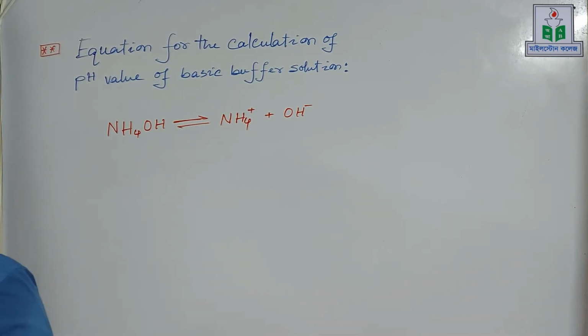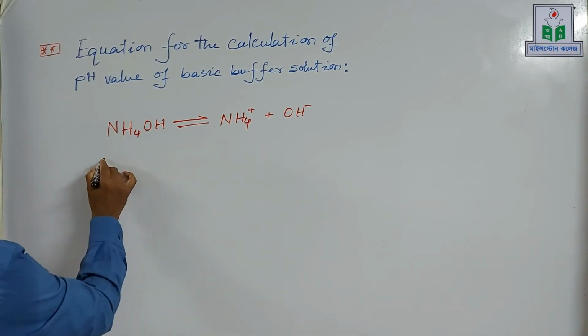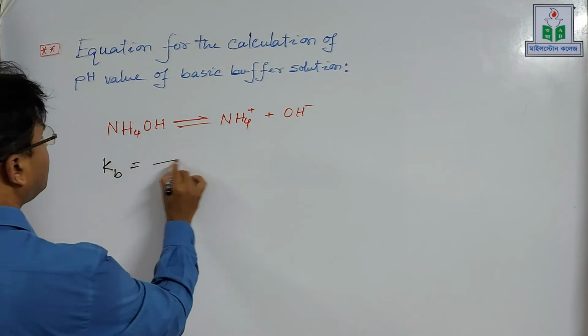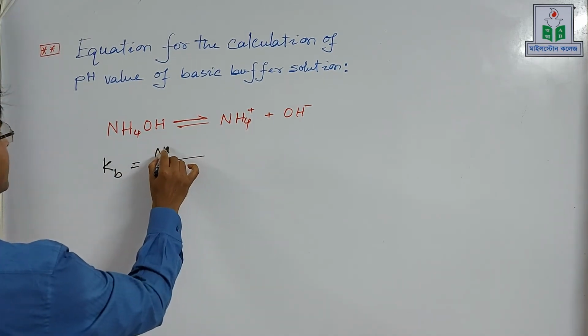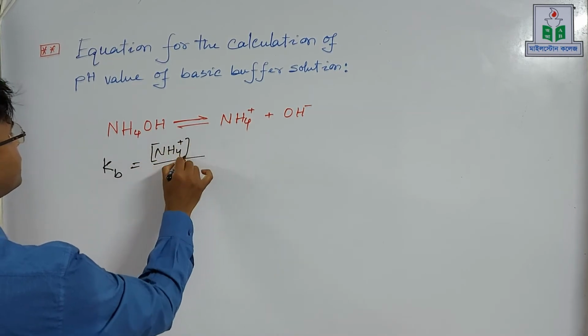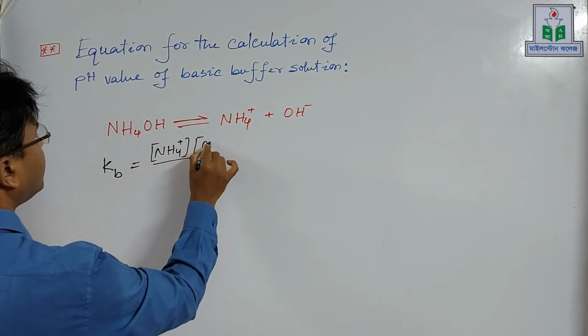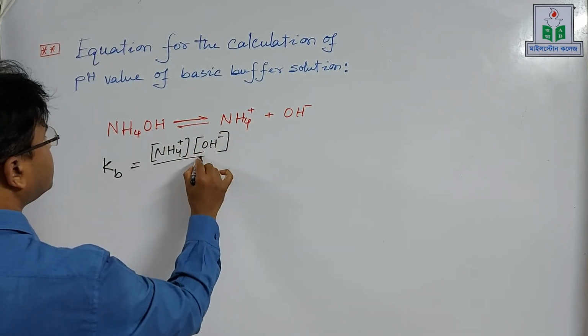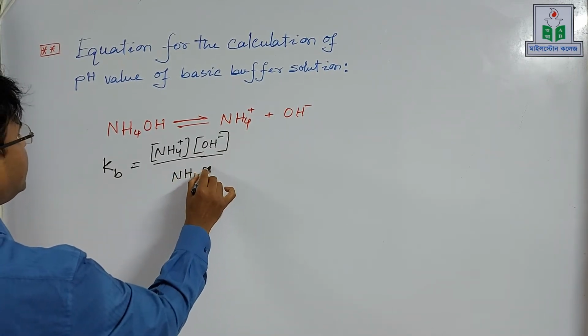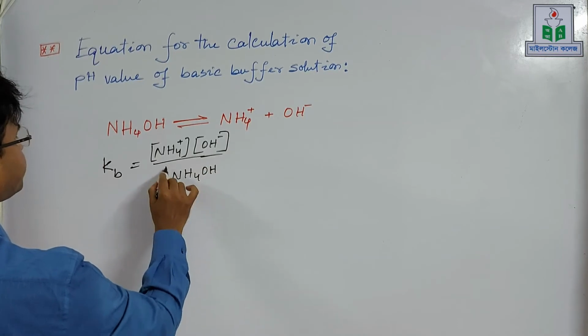According to the law of mass action, we can write here Kb equals molar concentration of ammonium ion into molar concentration of hydroxide ion divided by molar concentration of ammonium hydroxide.